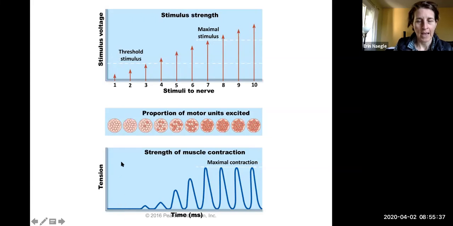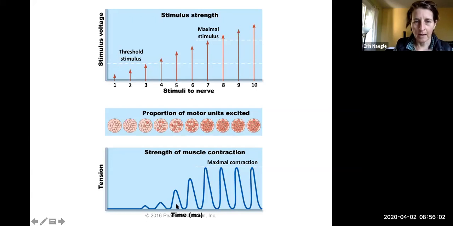And here's tension, meaning the amount of force that's being generated by that muscle. So notice if we don't get above that threshold stimulus, none of the motor units are excited. We don't get any force, right? Because we're not getting an action potential that's moving down the sarcolemma to talk to the T tubules, which is going to release the calcium.